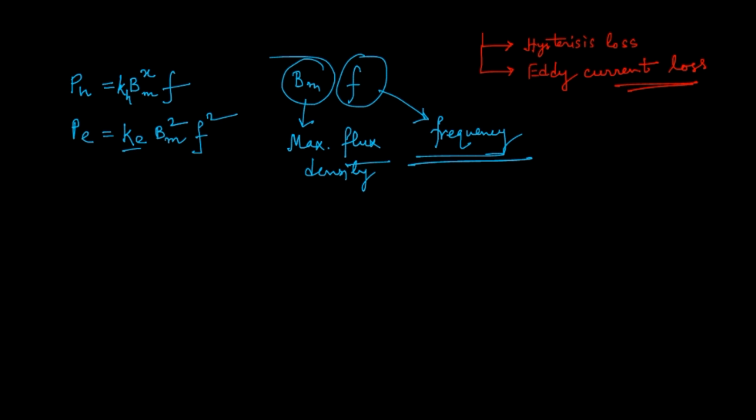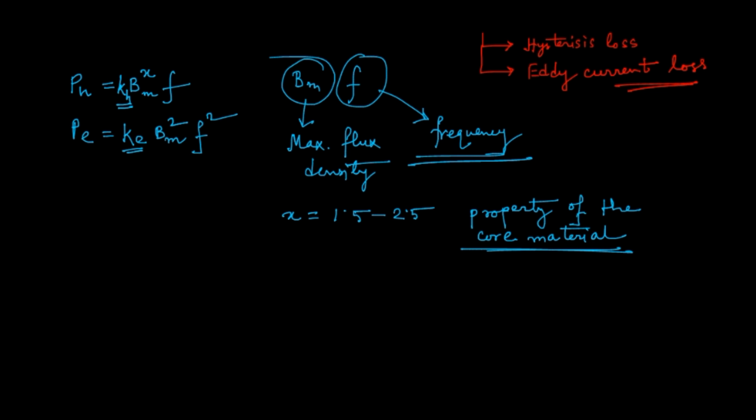Here KE and KH are two constants: KH is the hysteresis constant and KE is the eddy current constant, and X is a value between 1.5 and 2.5. It is called the Steinmetz constant, and its value depends upon the property of the core material. Clear?